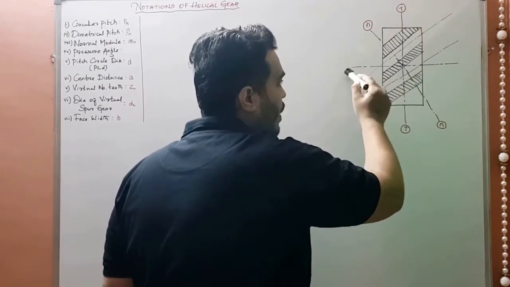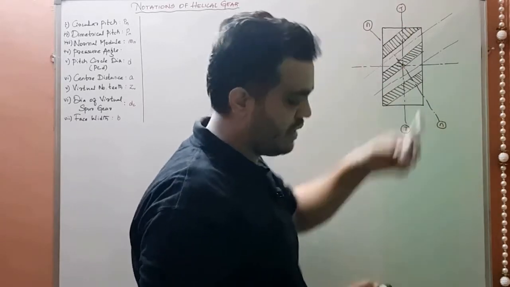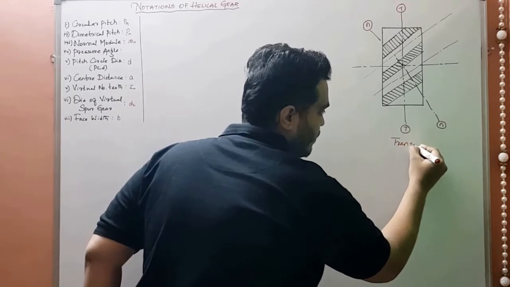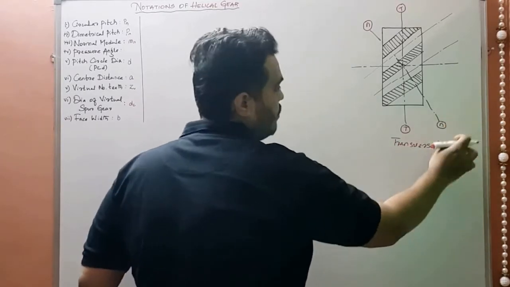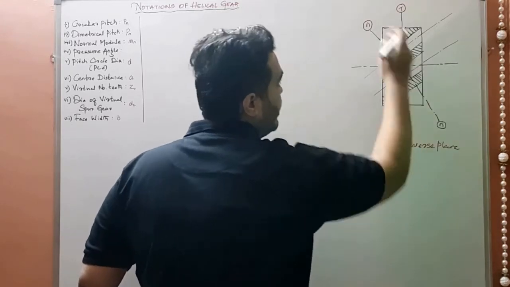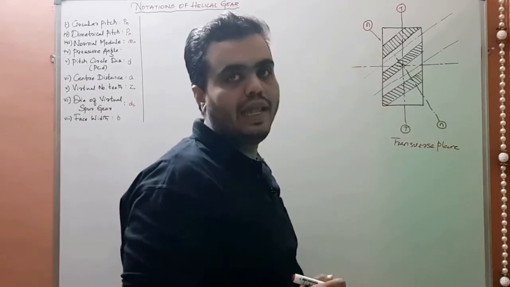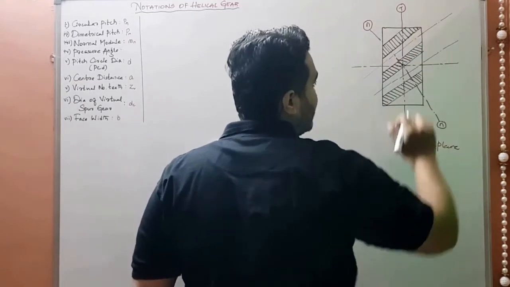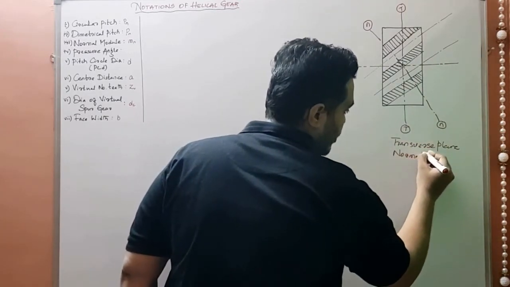One is perpendicular to the axis of the shaft, which we are going to call the transverse plane, and another one is parallel to the teeth of the helical gear, which we are going to call the normal plane.